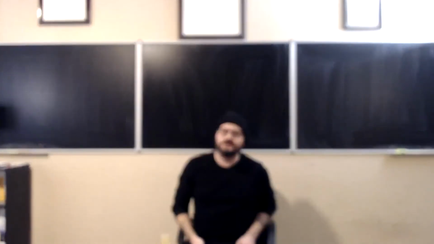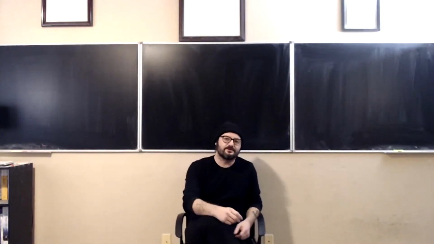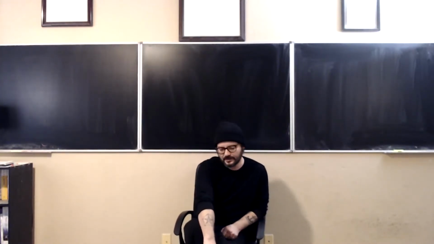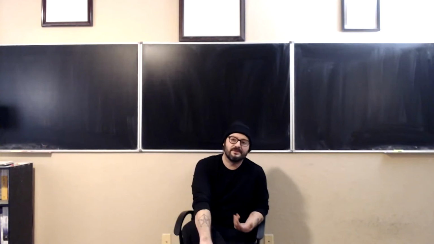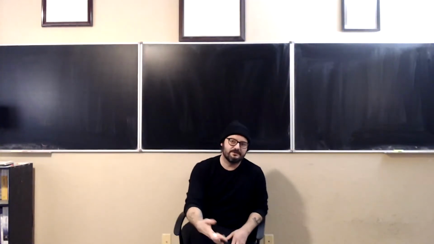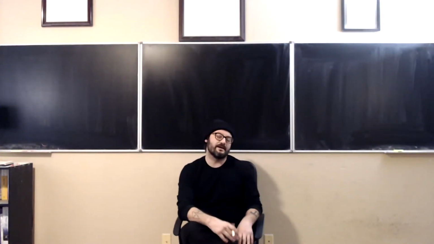Okay, so welcome to our second lecture in discrete mathematical structures. In the first lecture, we didn't really talk about much other than the syllabus, who I am, and what is to be expected throughout the semester. In this lecture, we're going to talk about discrete mathematics as a subject.